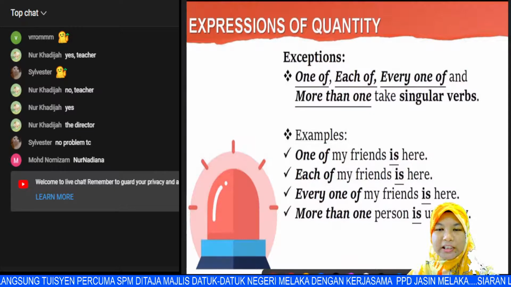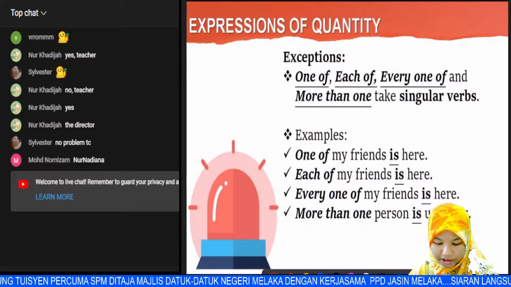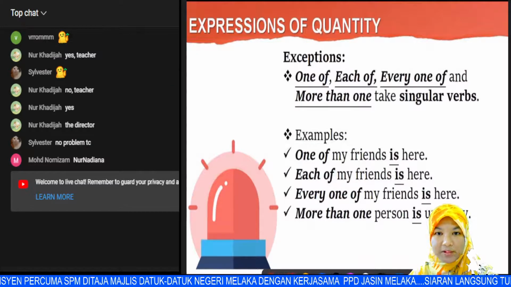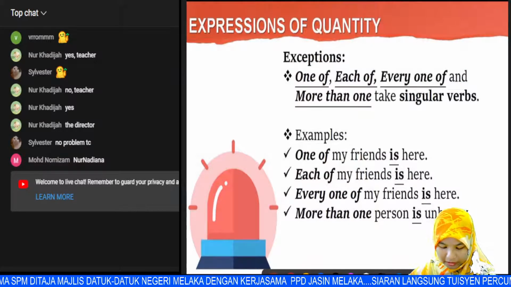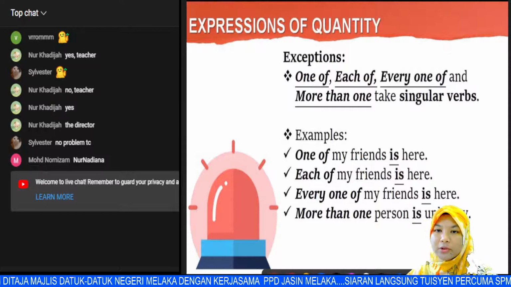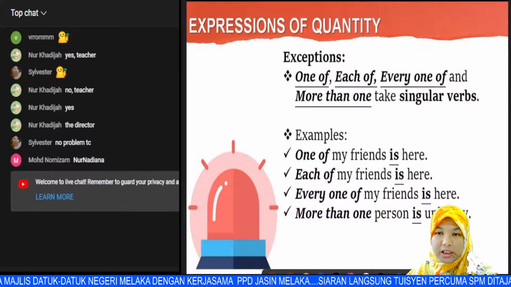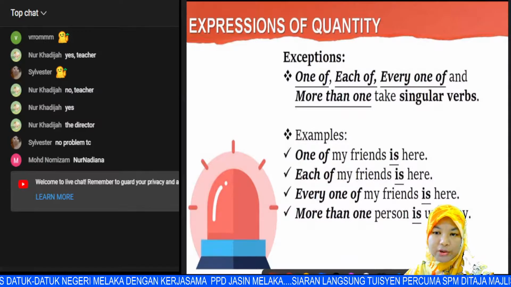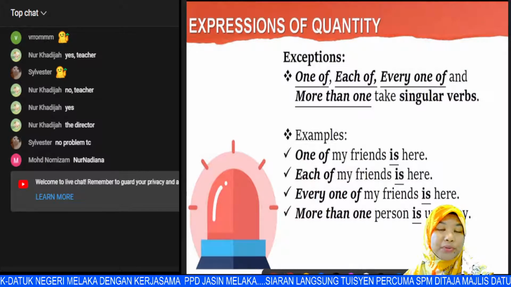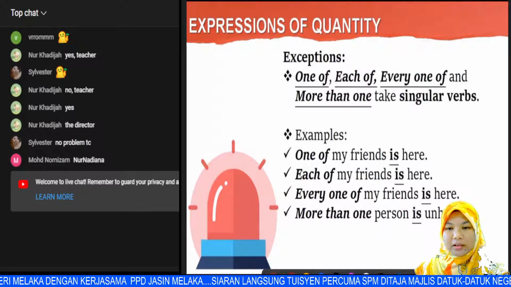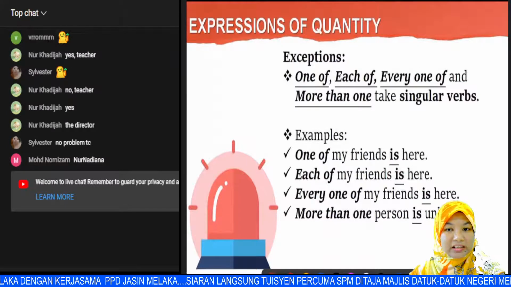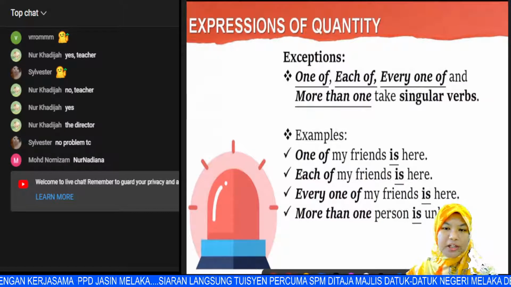Okay, unknowingly, we have reached part 3 of our session. For part 3, I will still focus on subject-verb agreement, but on the rules that apply when we use or, either or, neither nor. Sometimes we have pairings like that.